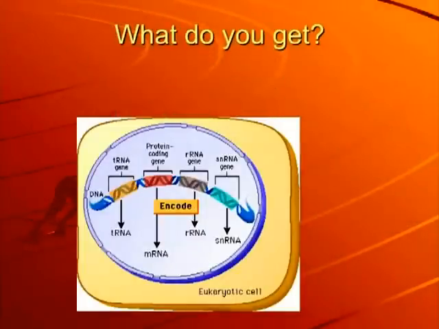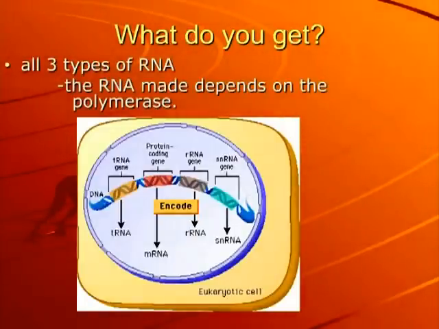So what you end up with from all of this are all 3 types of RNA, and it depends on the polymerase that is used as to which type of RNA you're going to get, whether tRNA, mRNA, or rRNA. Now, the majority of the time, you're getting mRNA, because when we get into translation, you'll see that tRNA and rRNA can get reused, whereas mRNA cannot.